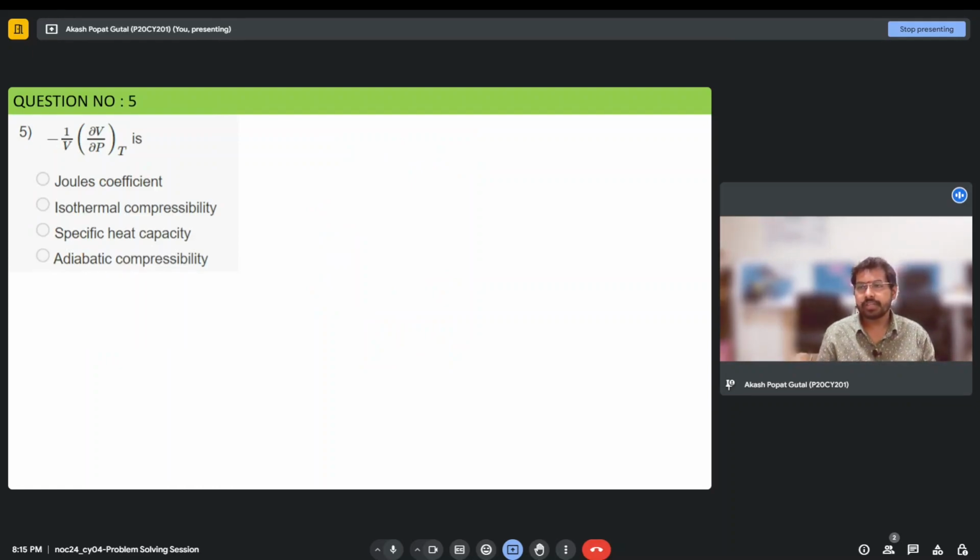Minus 1 by V del V by del P at constant T, or we can say at constant temperature, is Joule's coefficient, isothermal compressibility, specific heat capacity, or adiabatic compressibility.